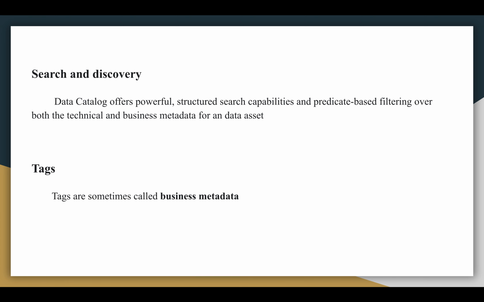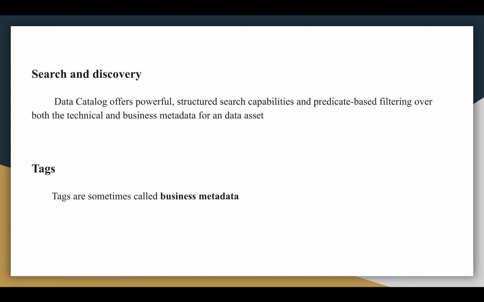Next, we are going to talk about tags. Tags are sometimes called business metadata. Documenting data assets at a large scale is difficult, especially when the data is consumed by different groups within an organization. Each group can have their own set of documentation for describing data assets. Data catalog tag templates help you create and manage common metadata about data assets in a single location.